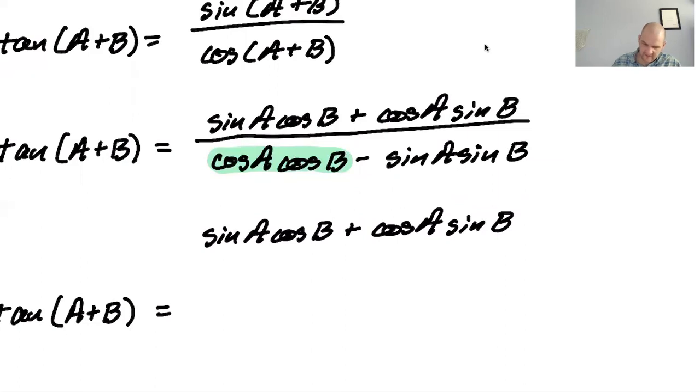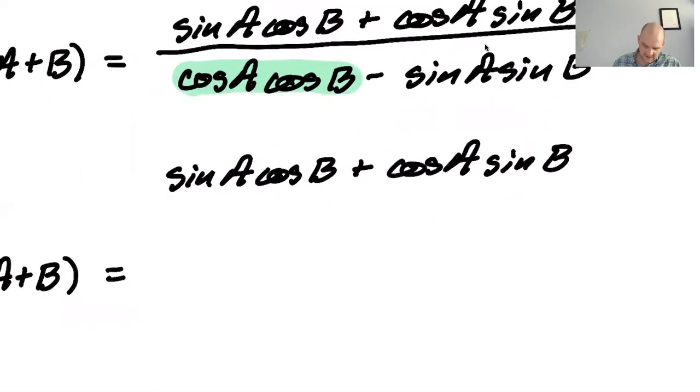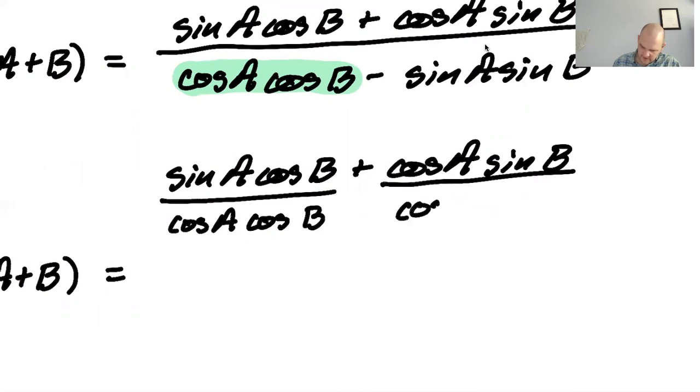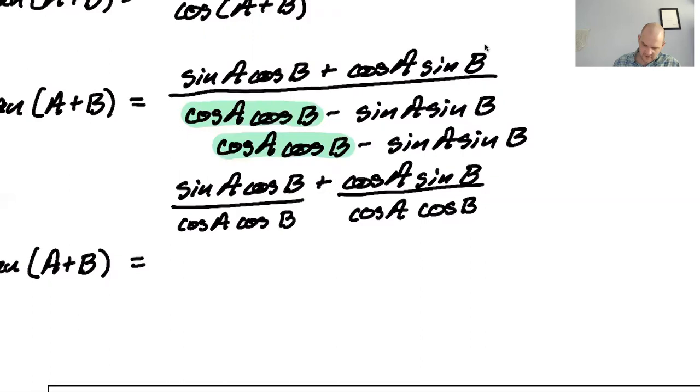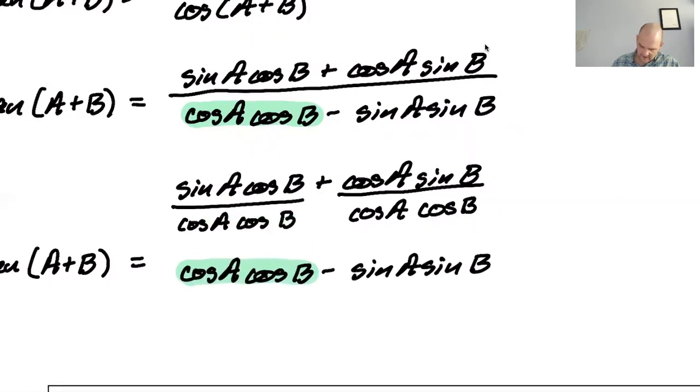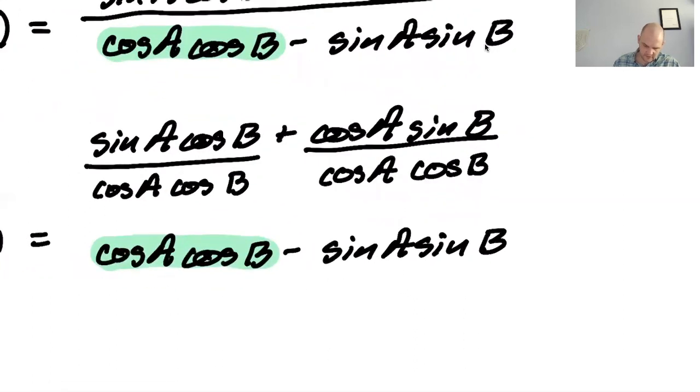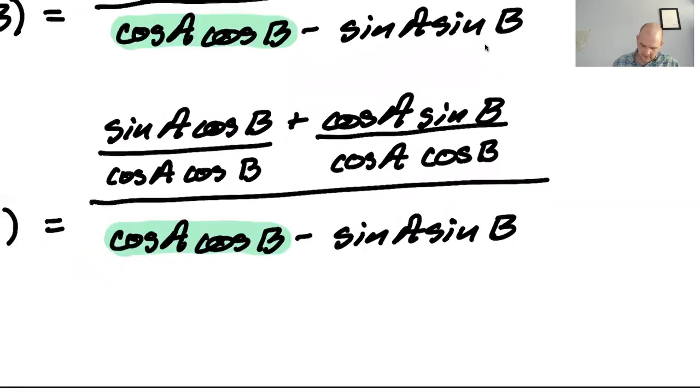I'm going to divide everything I see by cosine A, cosine B. I could copy and paste that too, if that's what you're thinking, I think that's a good idea. And then I'm going to take everything I see in the denominator and divide it by cosine A, cosine B. Oh, I forgot the fraction bar. There we go.